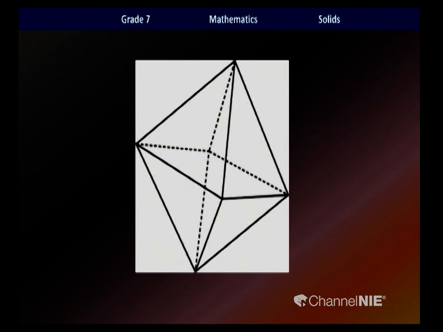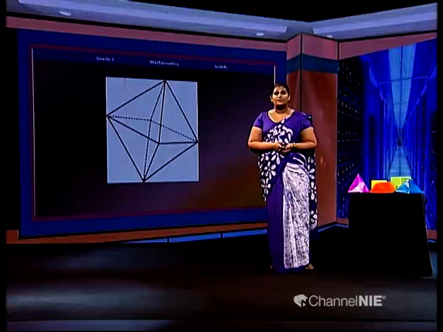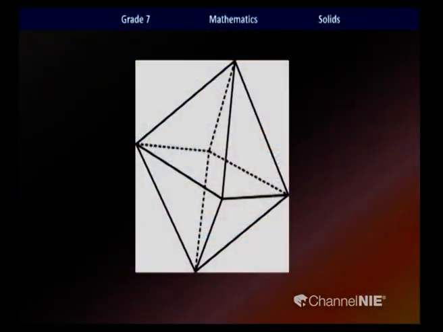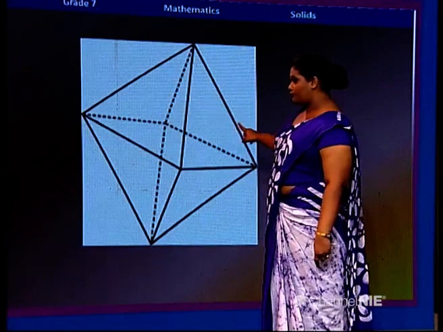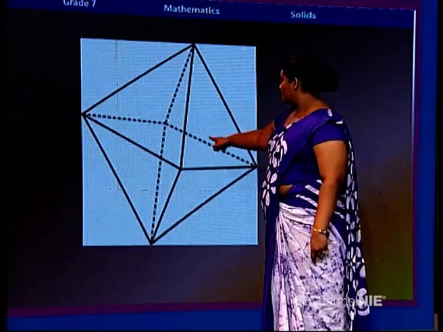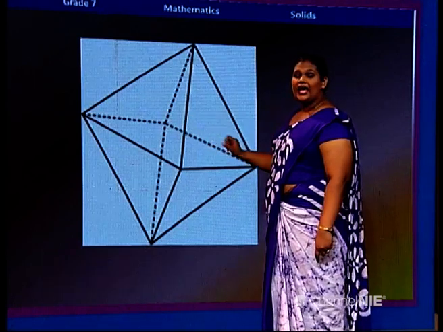Now we are going to count the number of vertices, edges and faces of this composite solid. Shall we count? I think you can count before me. Number of faces: 1, 2, 3, 4, 5, 6, 7, 8.